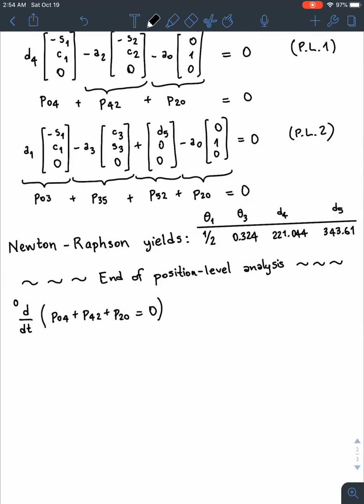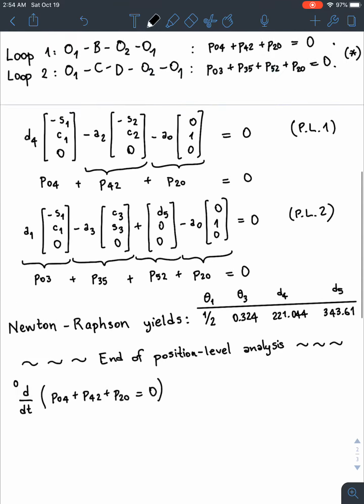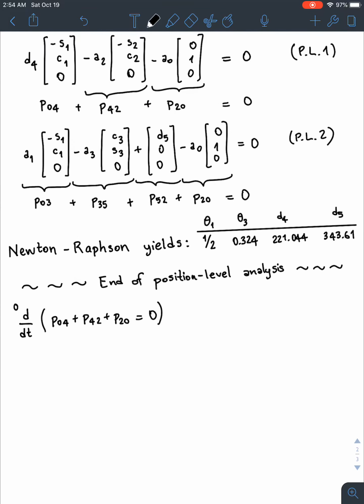Let's continue with this equation. In order to take the derivative of this loop equation, of course, I have to take the derivative of the left-hand side of the equation and the right-hand side and equate them to each other. Of course, the derivative of 0 is 0 in any frame, but the derivative of the left-hand side is a bit more complicated. Okay, let's try to walk through that.